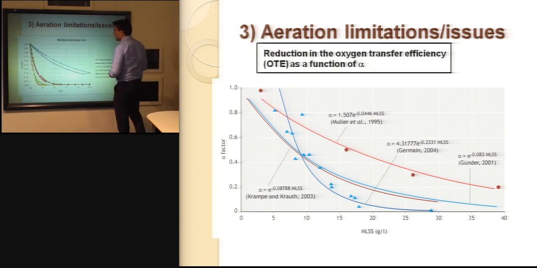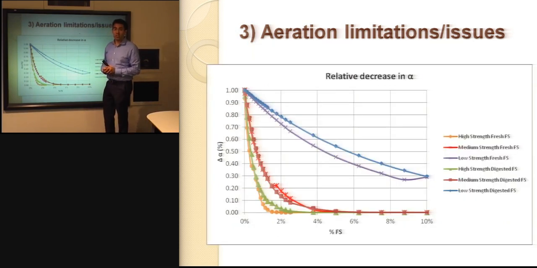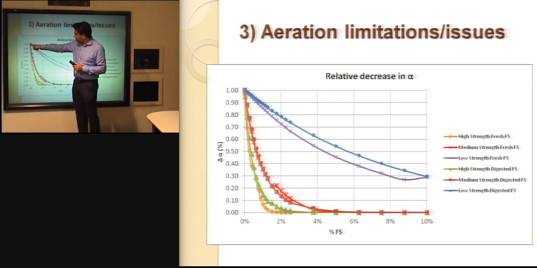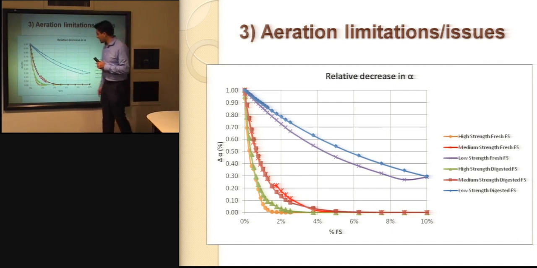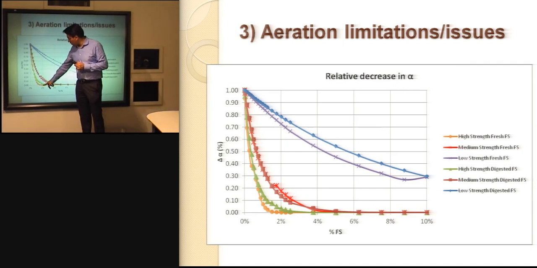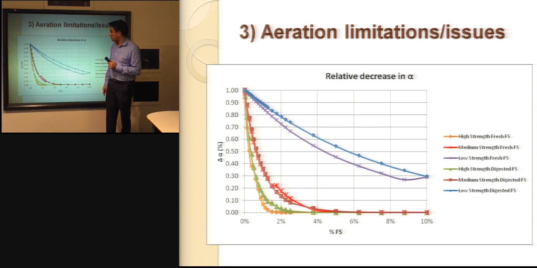Combining this decrease with the increase in solids concentration that we could experience in activated sludge systems when fecal sludge is discharged, it will be possible to see that the relative decrease in the alpha factor will be dramatically lowered as the percent of fecal sludge in the plant increases, reaching values as low as 20% already when 2% or even 1% of the fecal sludge is treated.